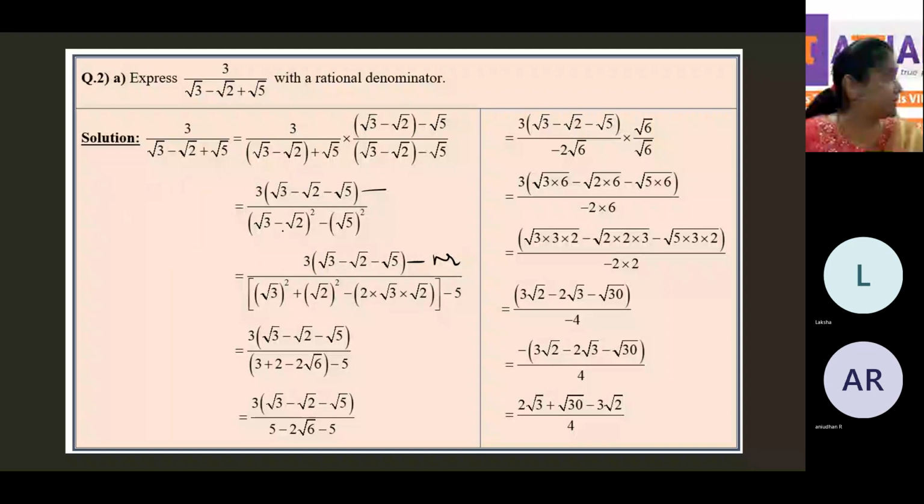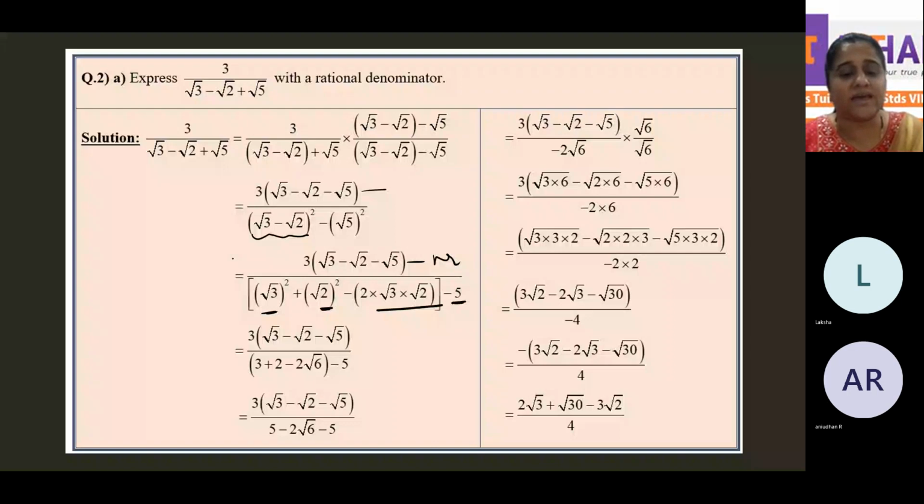Now, this one is in the form a minus b the whole square. So it is a square plus b square minus 2ab. And then root 5 the whole square is root 5 into root 5, which is 5. So you can see here minus 5, correct?